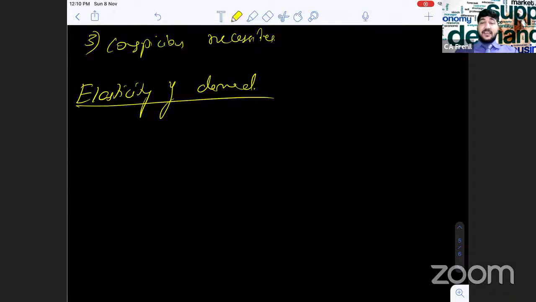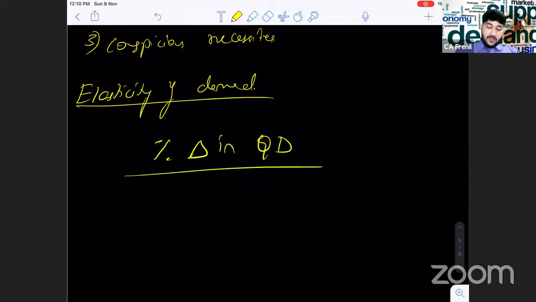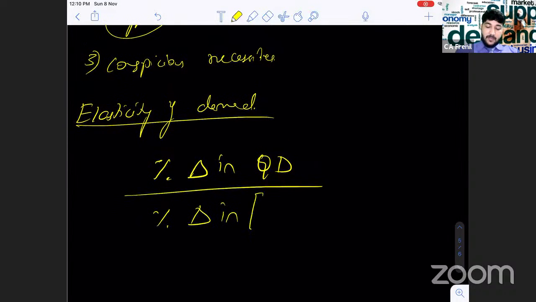More precisely, elasticity of demand is the percentage change in the quantity demanded divided by the percentage change in one of the variables. What is it? Percentage change in quantity demanded divided by percentage change in one of the variables.